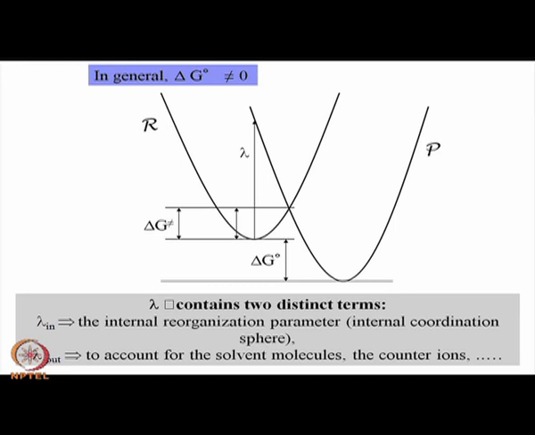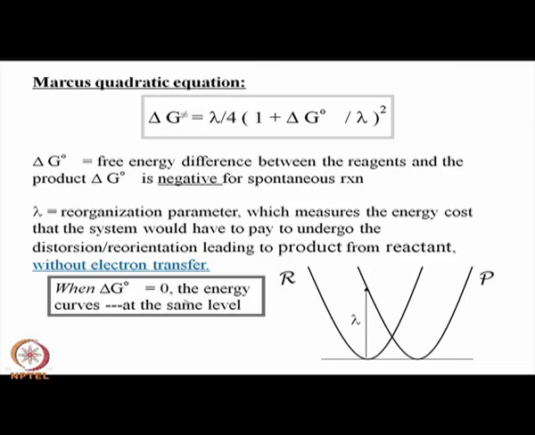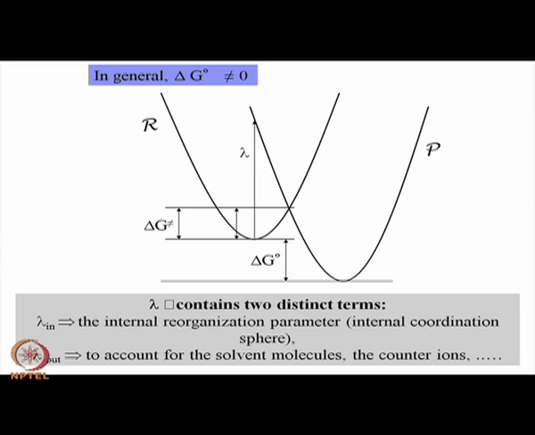Okay. Now in general delta G 0 is not 0, but if delta G equals 0, it means basically reactant and product surfaces are at the same level. If you consider this diagram, this is your reactant surface, and say this is your product surface.